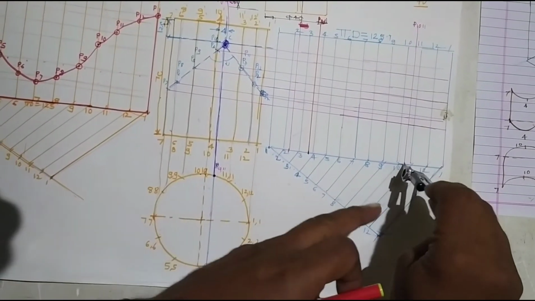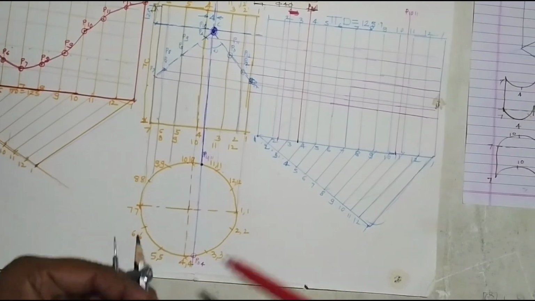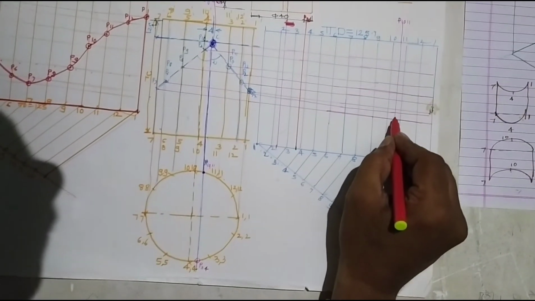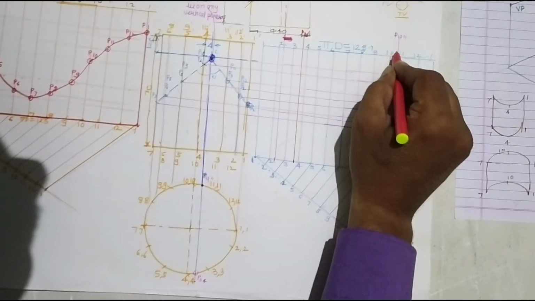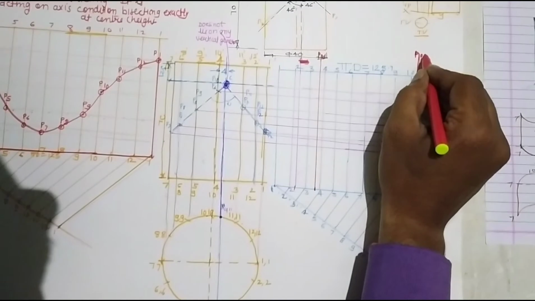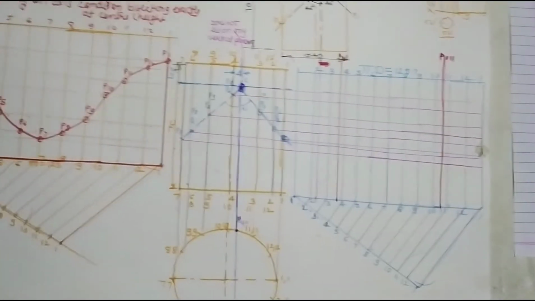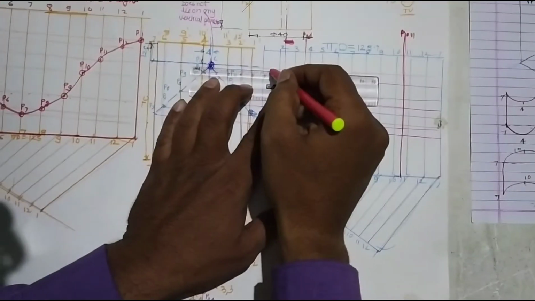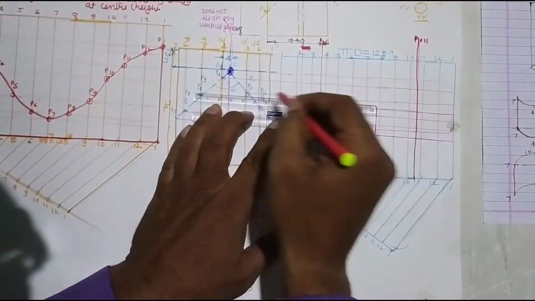This is the 10 side. This is the marking point. I will mark it with the red color. This will be your point P10-11.